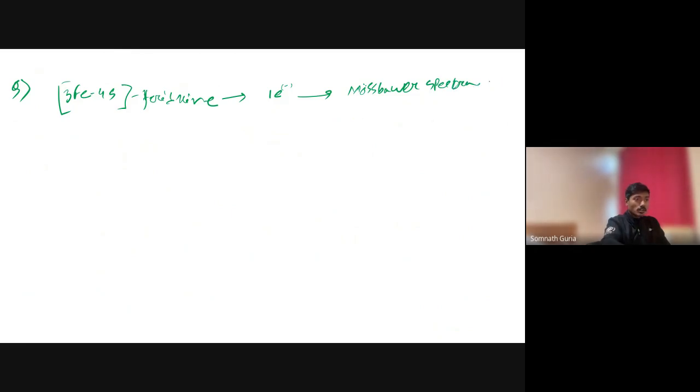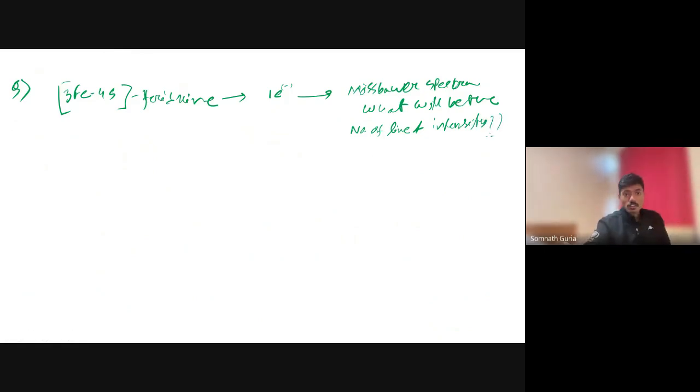What will be the number of spectral lines and the intensity? Okay, this is the question.